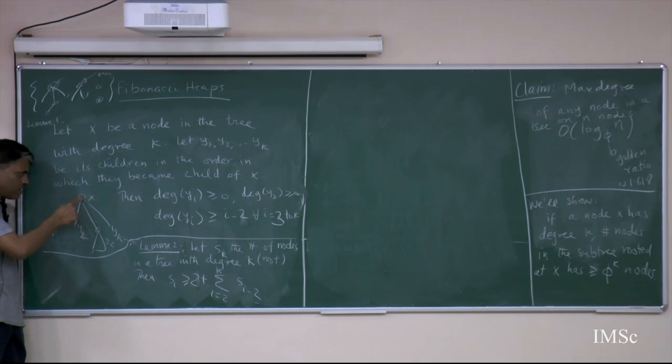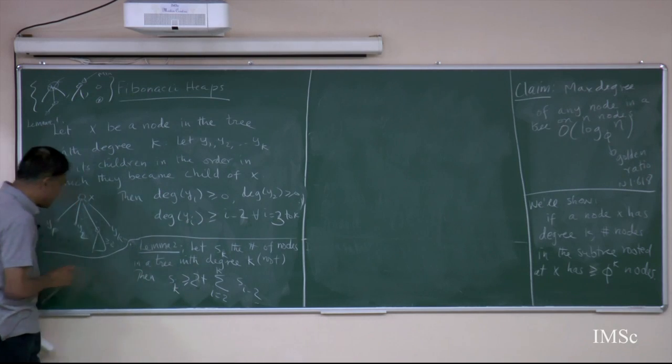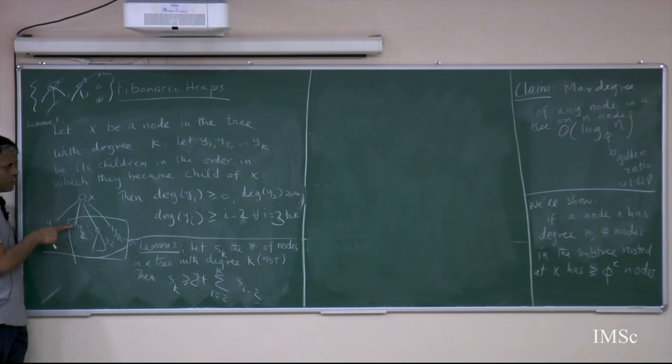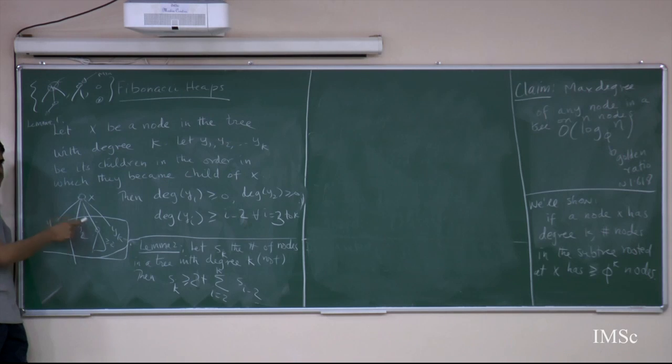Sk is at least 1 to count for the root, plus 1 to count for this node, so that's 2, plus the minimum. So now I already know a lower bound for its degree from here. The minimum number of nodes in such a tree with degree i minus 2 will be S(i minus 2). So any Yi has degree at least i minus 2, and so such a subtree will have S(i minus 2) nodes.